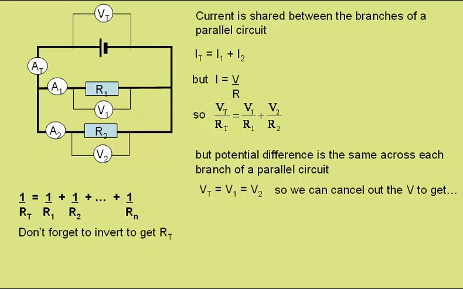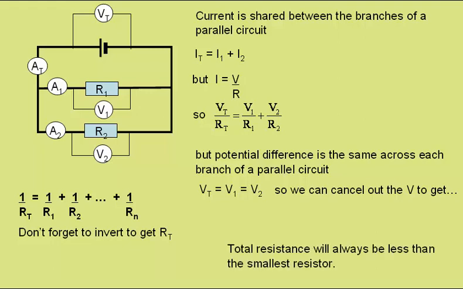We must not forget to invert at the end to get the total resistance. In a parallel circuit, as a quick check at the end, the total resistance will always be less than that of the smallest resistor in the circuit.